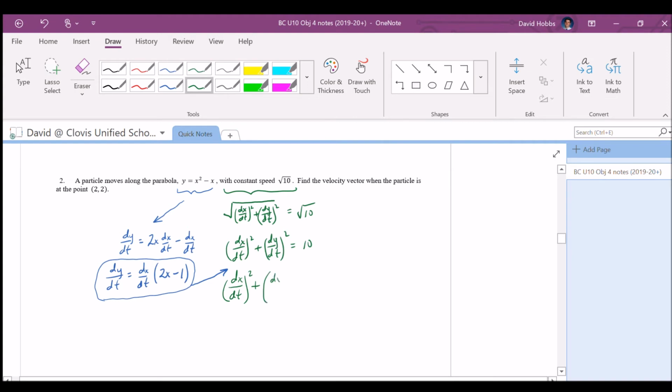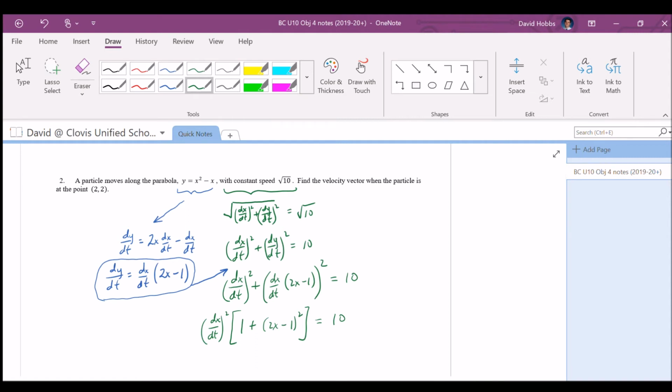So (dx/dt times (2x minus 1)) squared equals 10. I have a GCF of (dx/dt) squared here, and factoring that out leaves behind 1 plus (2x minus 1) squared, and that's equal to 10.